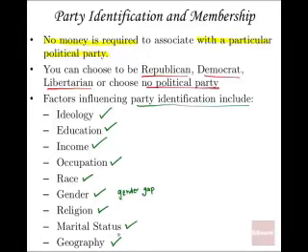So again, there are a lot of different factors as to why you tend to align yourself with the Republican Party or Democrat Party, but one thing is for sure: your political party affiliation is the highest correlating factor in who you will vote for in the next election.